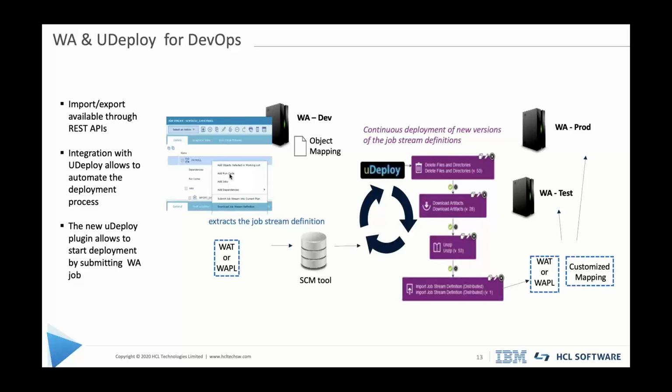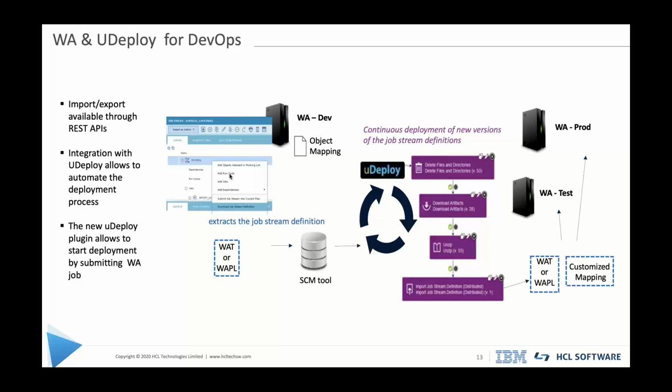We have created a plugin for this, an Urban Code Deploy plugin for workload automation. So what you can do is basically use one of the plugins that allow you to integrate Urban Code Deploy with multiple source code management tools, and probably others will also be supported.